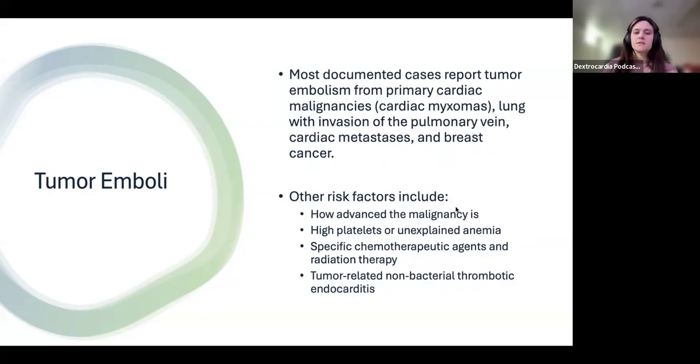The most common malignancies that are associated with tumor emboli are cardiac myxomas, lung with invasion of the pulmonary vein, cardiac metastases, and then breast cancer as well. Some risk factors other than the type of malignancy a patient has is how advanced it is, how their platelets or blood irregularities are going with the chemo and the radiation they may be going through.